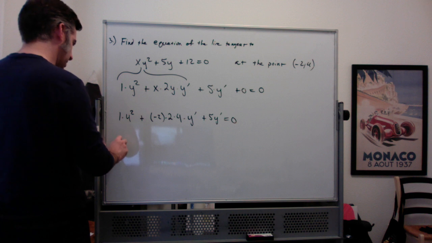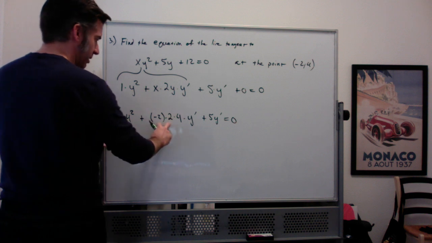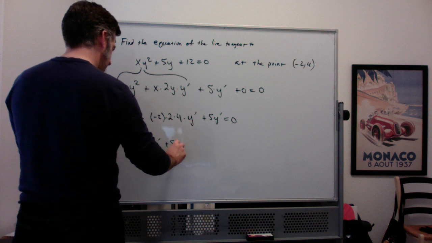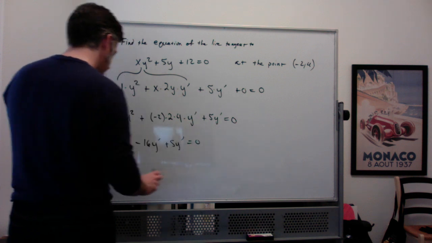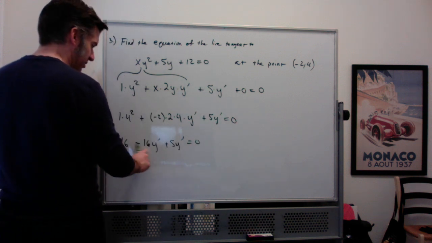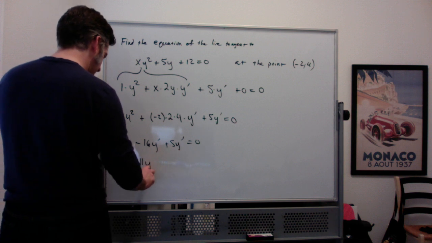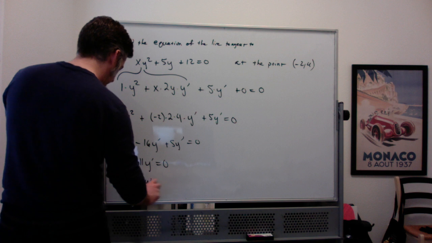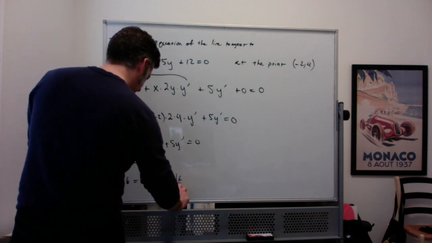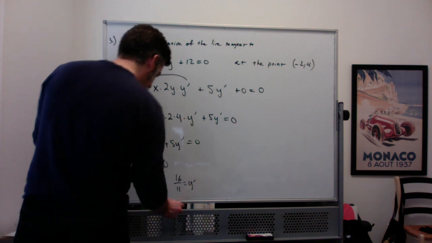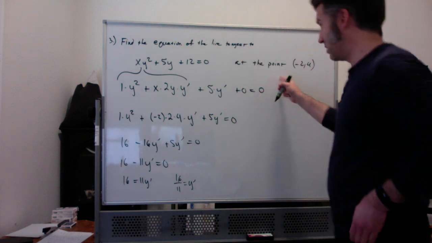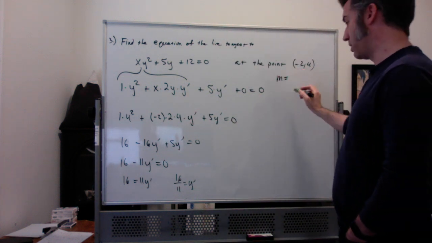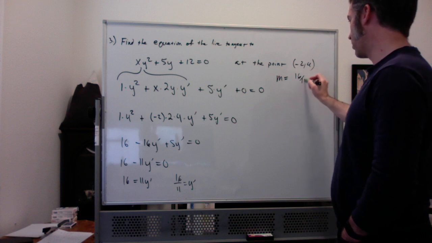So 16 minus 4 times 4 is minus 16y prime, plus 5y prime equal to 0. So -16 plus 5 is -11y prime, plus 16 equals 0. 16 equals 11y prime, so 16 divided by 11 equals y prime. And that is your slope at this point. So the point is (-2, 4), and the slope at that point is 16 over 11.